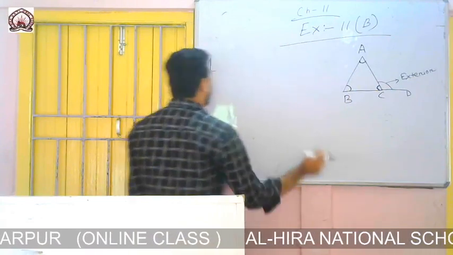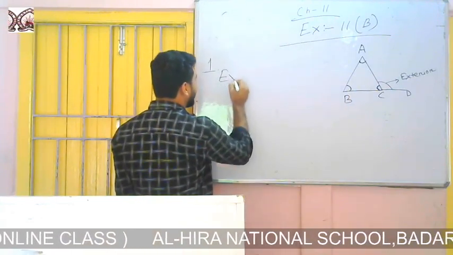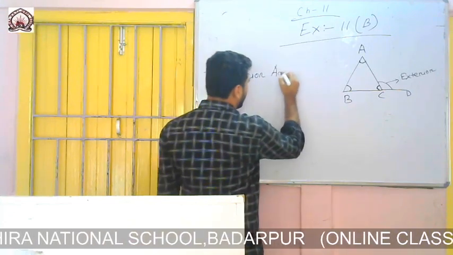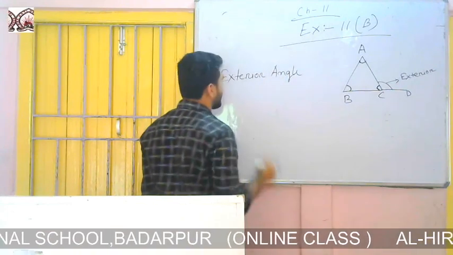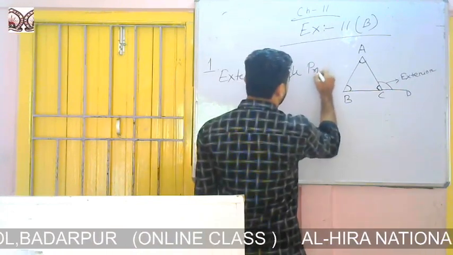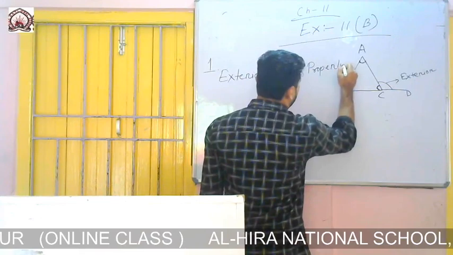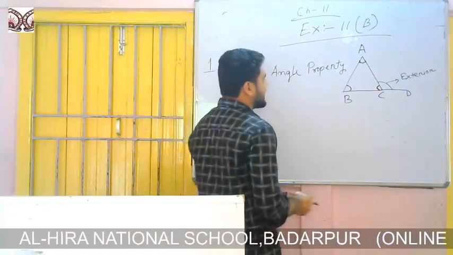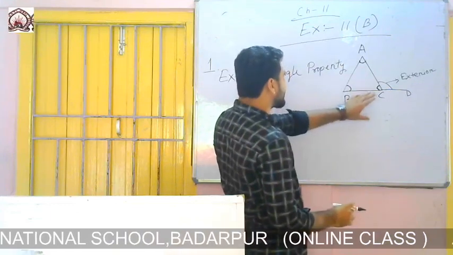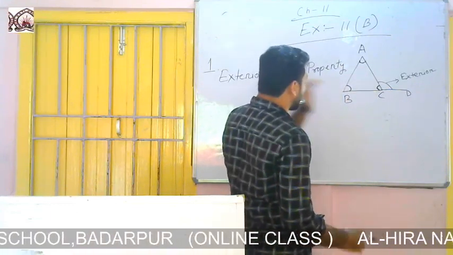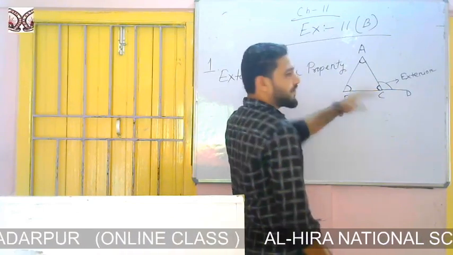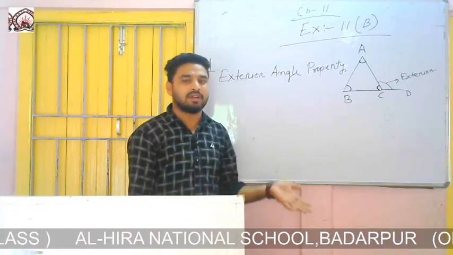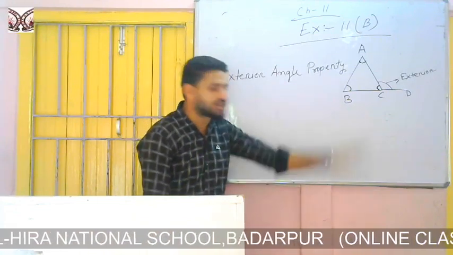The exterior angle property says that the sum of the two interior opposite angles is equal to its exterior angle.